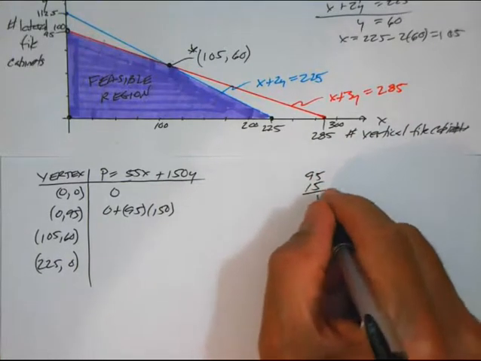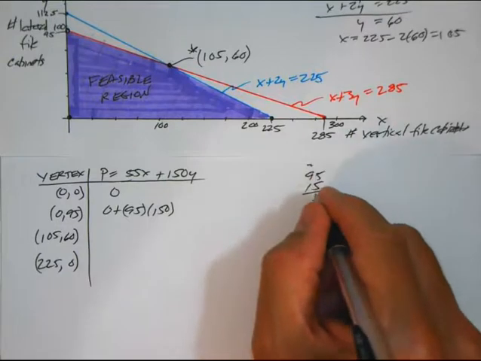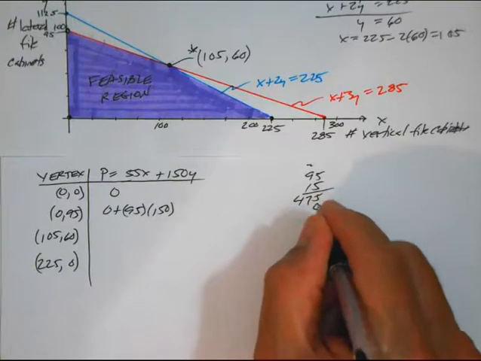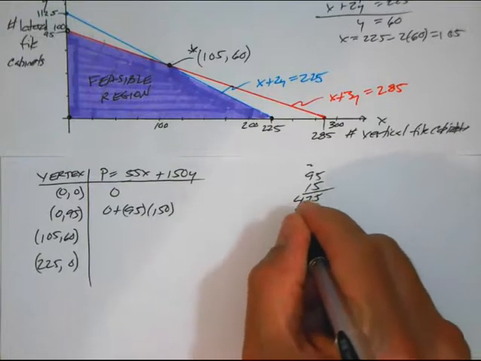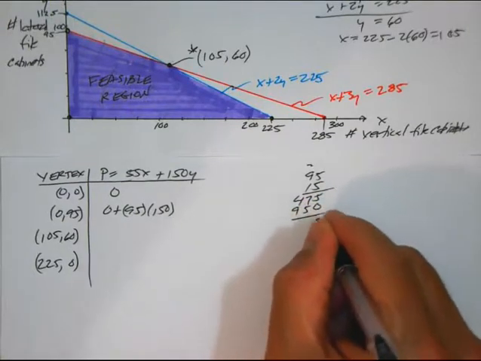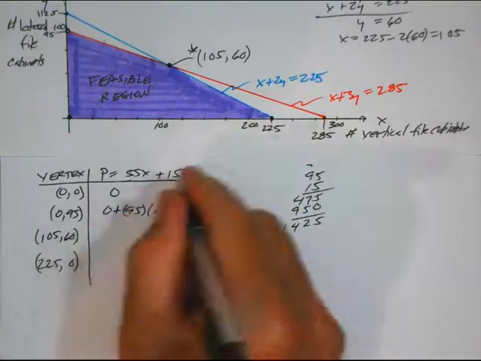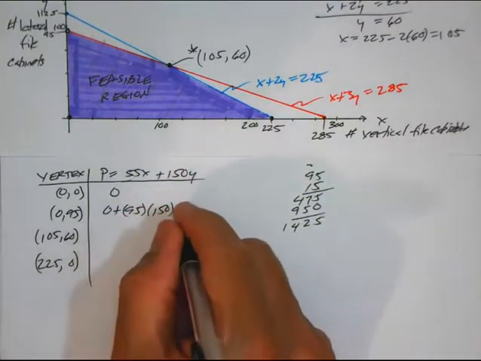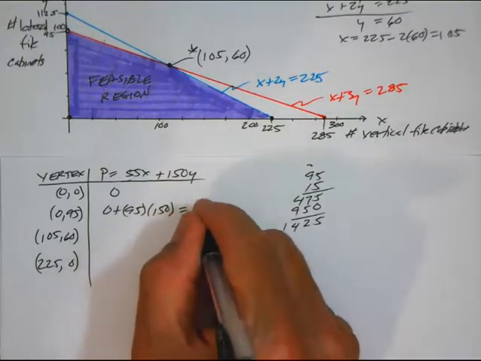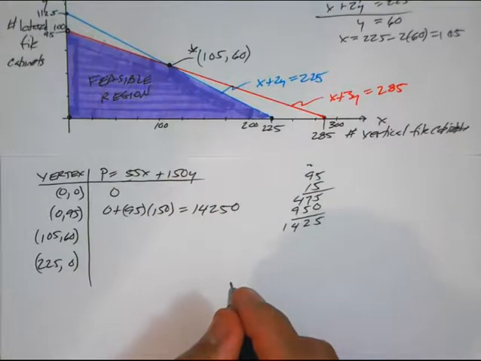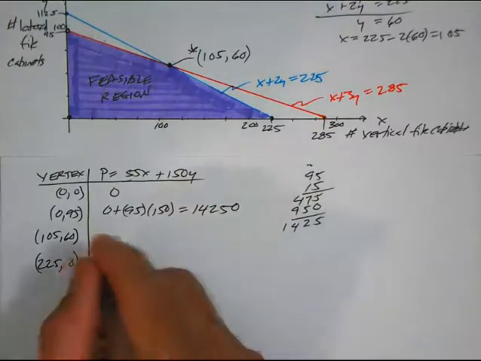And add a 0 to make up for that. And that would sum to 14,250. Okay, let's go to this next one here.